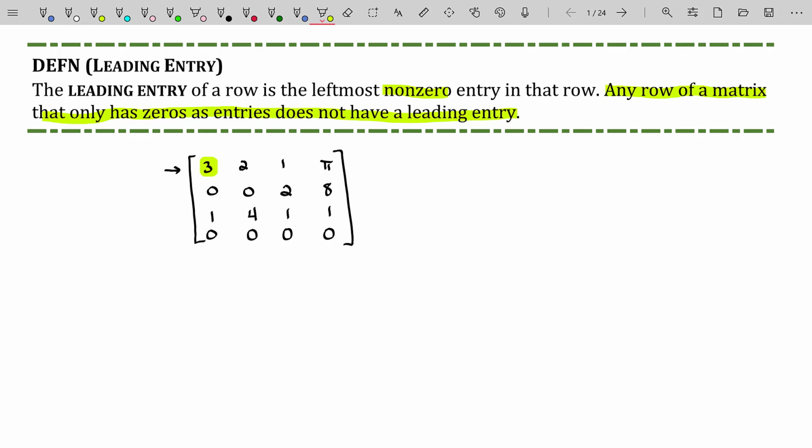And so that highlighted entry is the leading entry for that row. The next row, well, we have a couple zeros. So the first entry and the second entry are zeros, but the third entry right here, that's non-zero. So therefore that's the leading entry in the second row. Obviously this would be the leading entry in the third row. And then the fourth row, because it has all zeros, there's no candidate for a leading entry. So there's no leading entry in the fourth row.